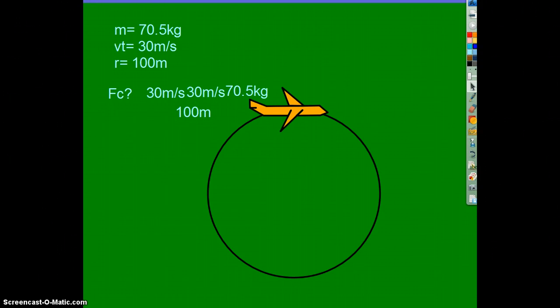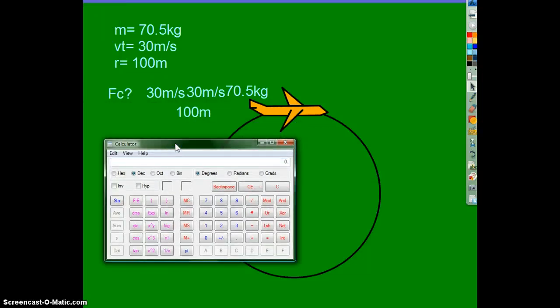So get out your handy-dandy calculator so you can calculate this. By my reckoning, 30 times 30 seems to me to be about 900. And then I'm going to multiply that by 70.5. The sample problem is from the sample problem book.